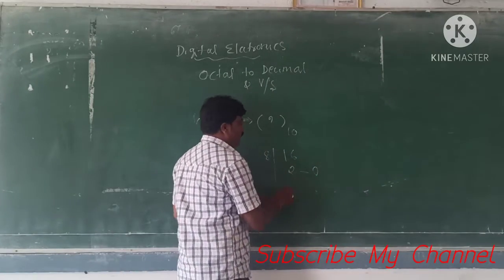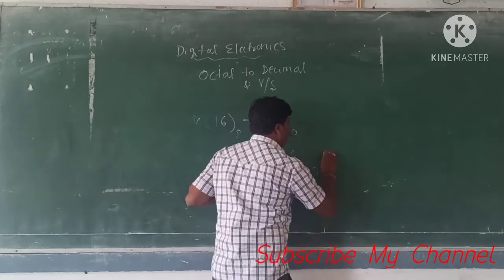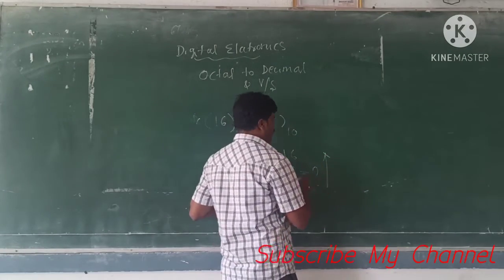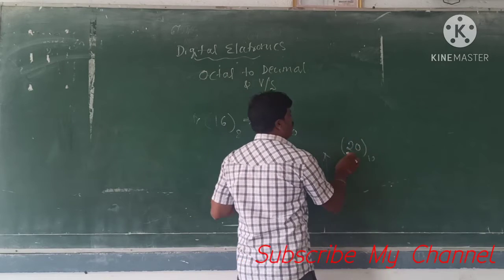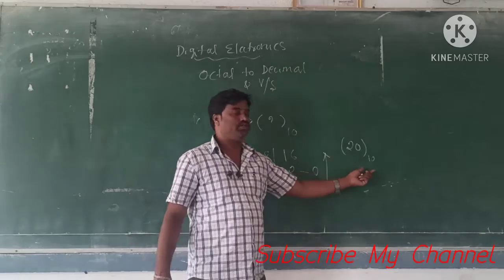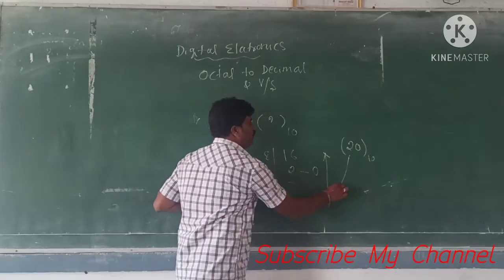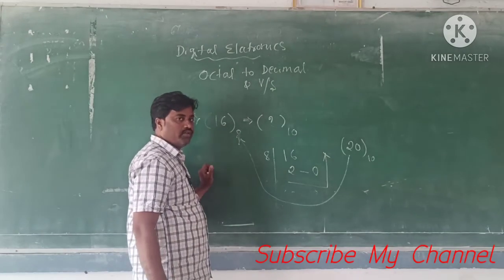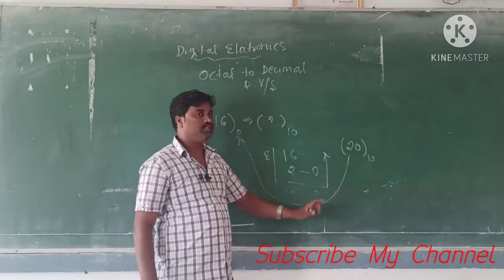So we collect the remainders from bottom to top. Now the answer is 20, the base or radix value is 10. So this is the decimal value of this octal number system.